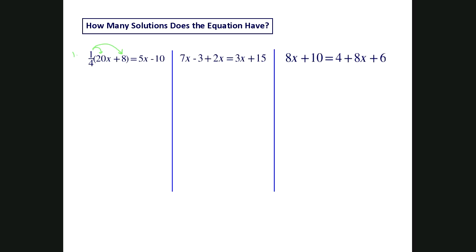So you can either type in 1 divided by 4 times 20 on your calculator, or you can just do 20 divided by 4. So on my calculator, I get 20 divided by 4 is 5x, and 1/4 times 8 is 2. If you're not sure where I came up with this, then make sure you are using a calculator to check my work.